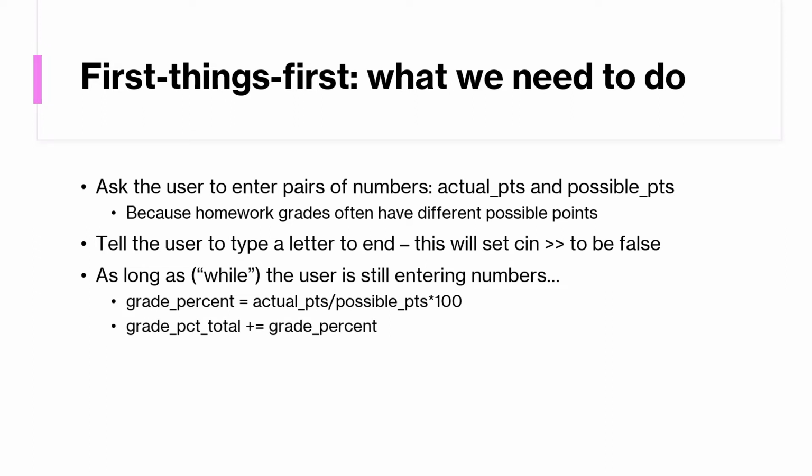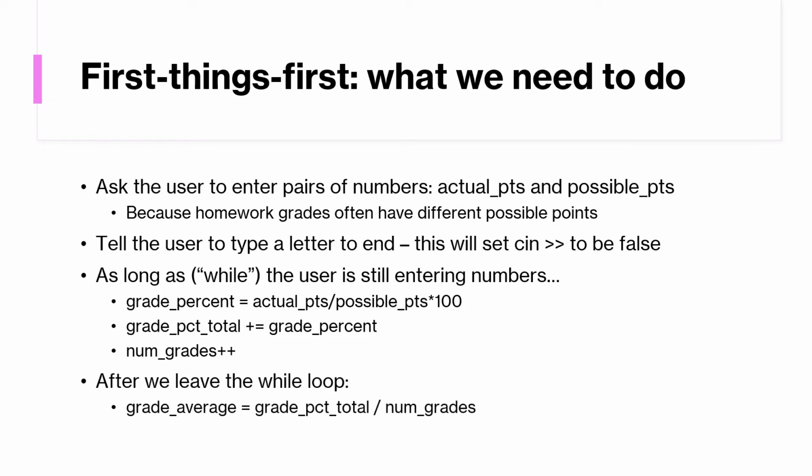And then grade percent total, we're going to add the new grade that we just pulled in to our total grade percent. And then we're going to keep track of how many grades we've read in so far. Finally, after we leave the while loop, we're going to want to calculate the grade average as the grade percent total divided by the number of grades. Total divided by number is average.